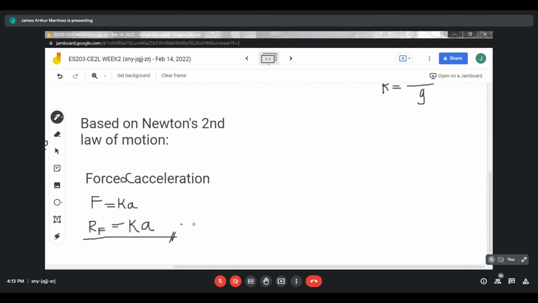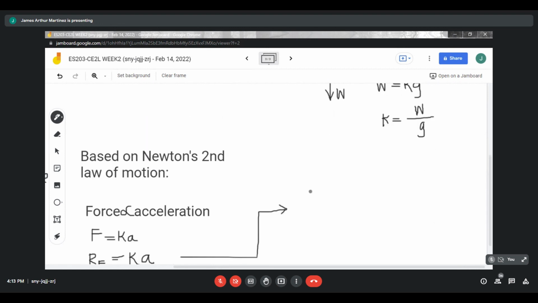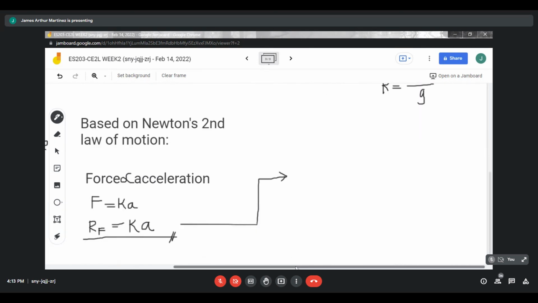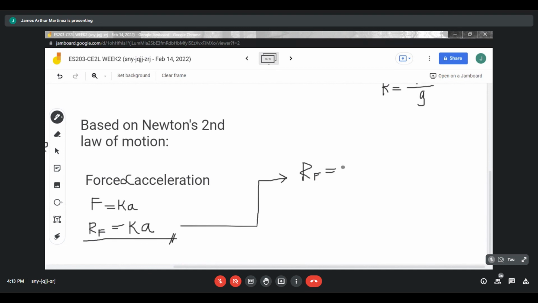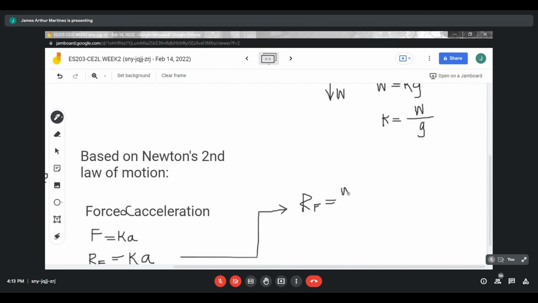So by substituting the obtained proportionality constant into the real world scenario here, we'll have RF is equal to K, which is W over g, times acceleration.